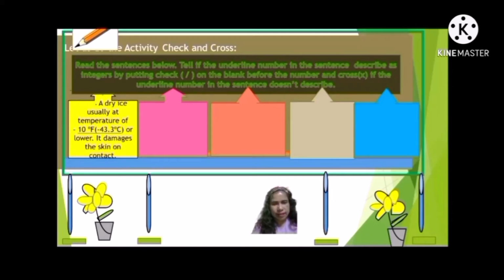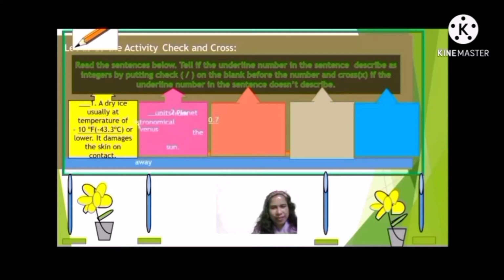The answer? Number 2. Planet Venus is 27 astronomical units away from the sun.